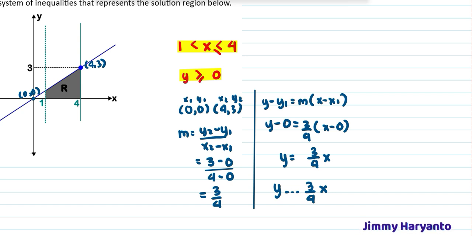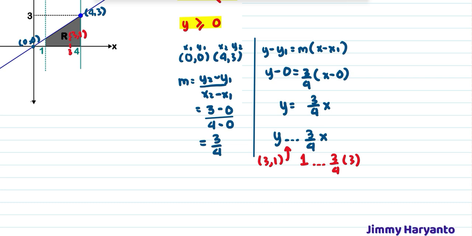Let's choose a point in the region. Let's say, how about (3, 1). So (3, 1) will be inserted into the expression. So 1 compared with 3 over 4 times 3, which is 9 over 4.